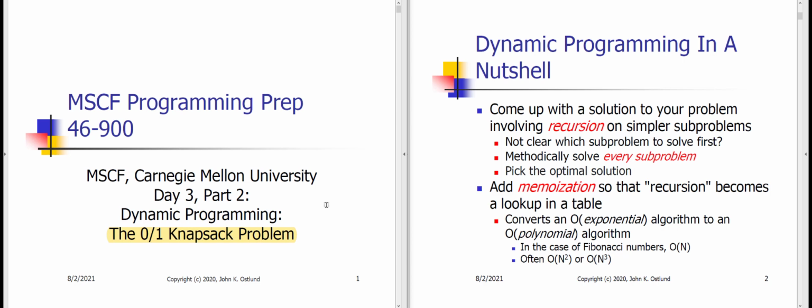Okay. So in general, as a review, the methodology of dynamic programming is we want to find some solution to a complicated problem involving recursion on simpler subproblems.